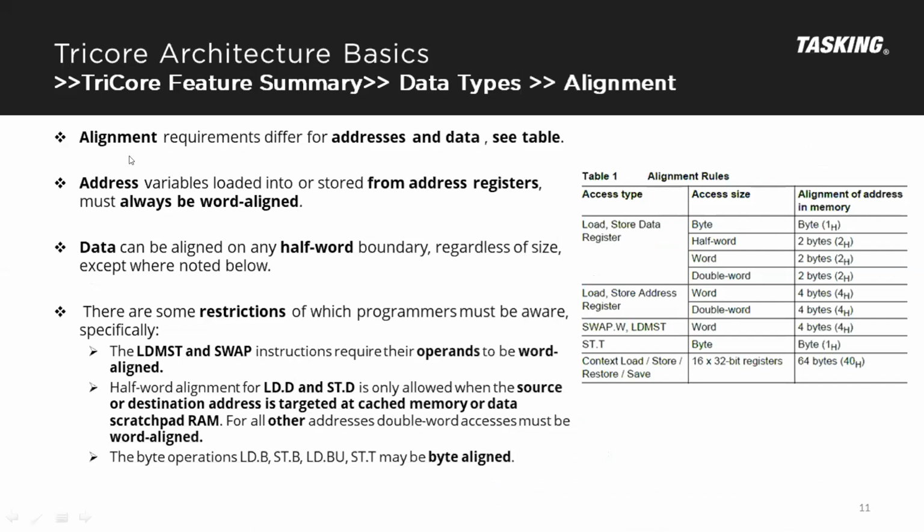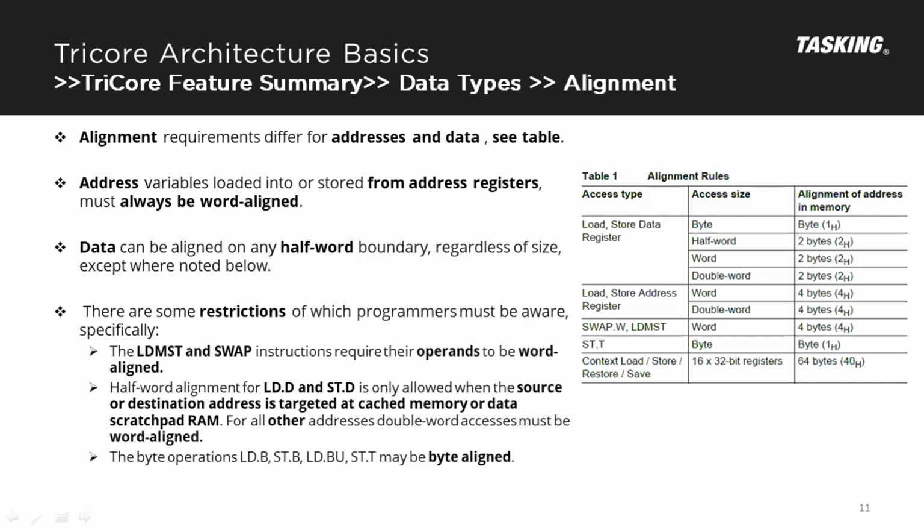For the data registers, regardless of the access size, they are aligned on a half word, because as we agreed, it's a 32-bit architecture. So one word means 32 bits or 4 bytes. So here the alignment is on half word. For the addresses, the alignment will be on a full word.